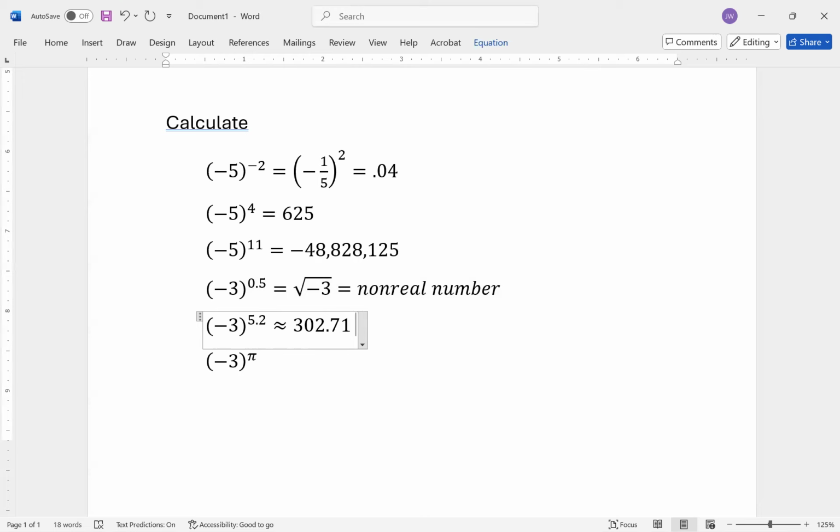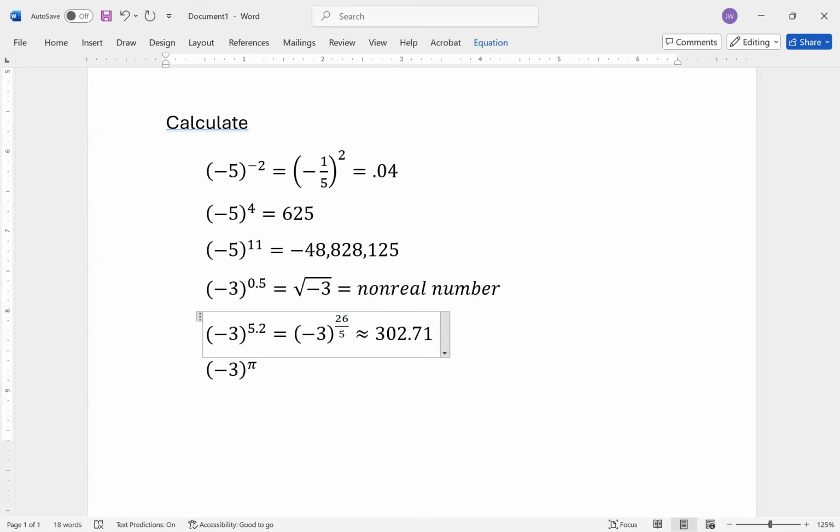And what they're doing there is they're taking 5.2 and rewriting it as 26 over 5.